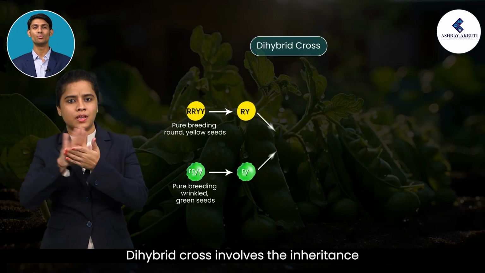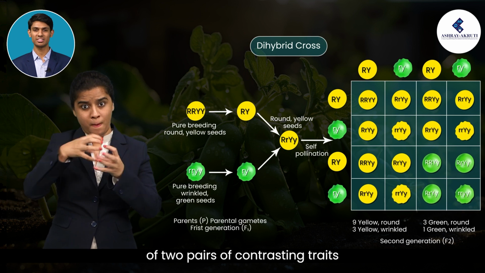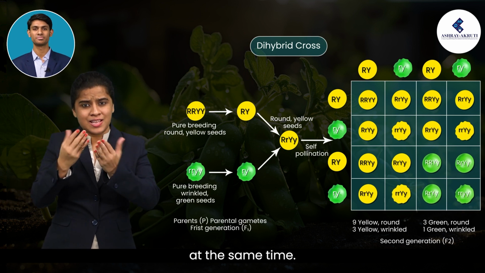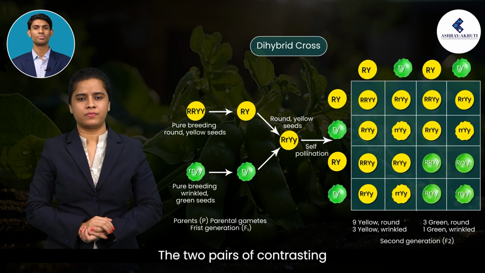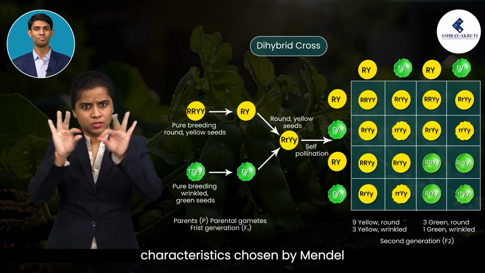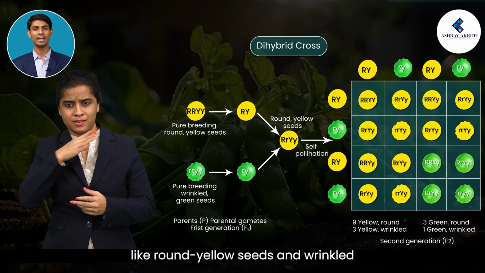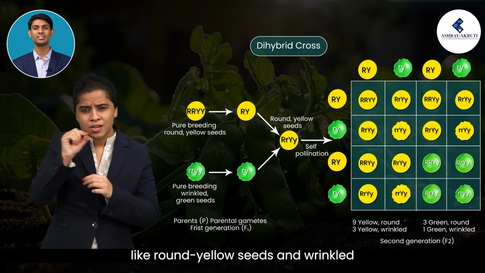Dihybrid cross involves the inheritance of two pairs of contrasting traits at the same time. The two pairs of contrasting characteristics chosen by Mendel were the shape and color of the seeds, like round yellow seeds and wrinkled green seeds.